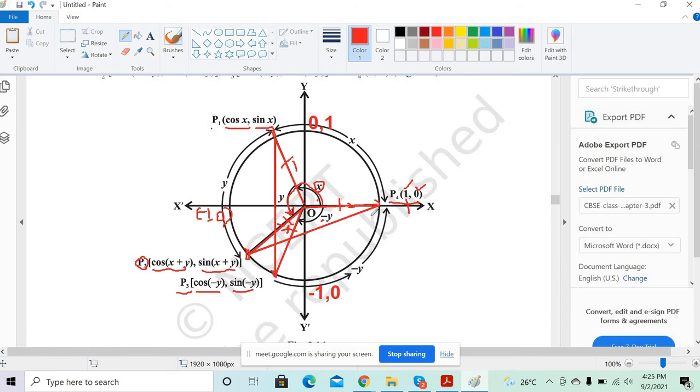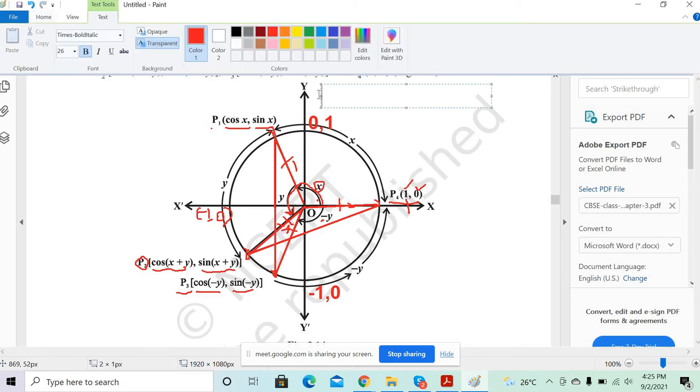The same angle P4 O P2 will be y plus z only, since minus y is just the negative sign for the angle. So these two triangles are congruent by SAS.